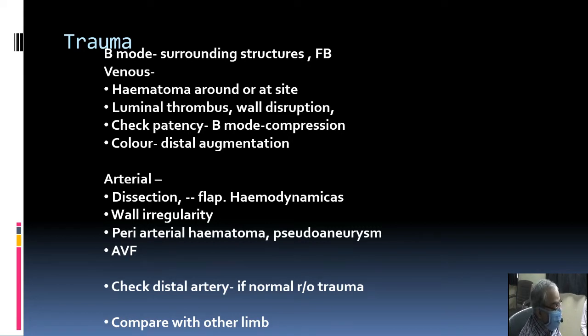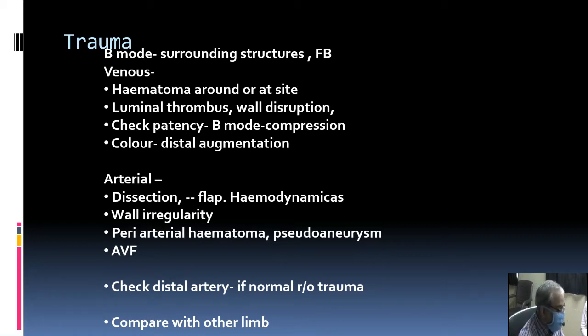Pseudoaneurysm can be iatrogenic, as we many times see in femoral artery intervention. There is a pseudoaneurysm at the common femoral artery, and there are maneuvers described to compress it. Some of them are very good at getting it compressed under ultrasound guidance. Rarely penetrating traumas can result in AV fistulas, and then you can get flow changes in the artery as well as vein.